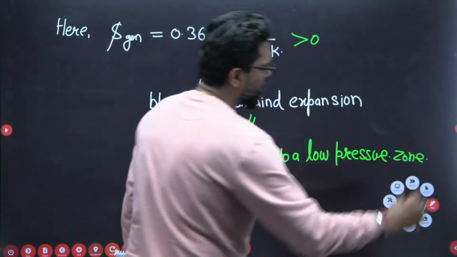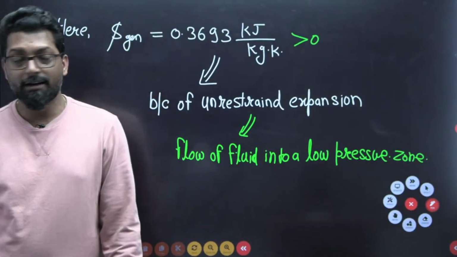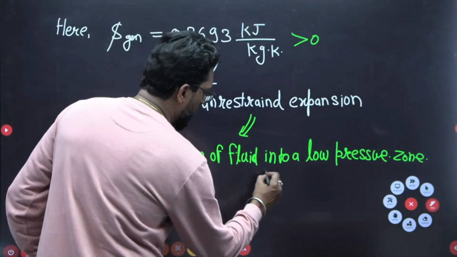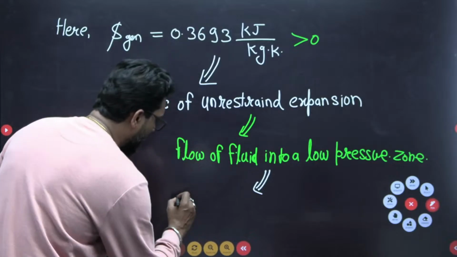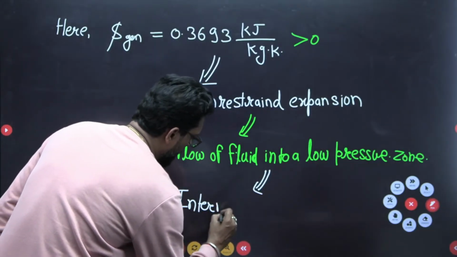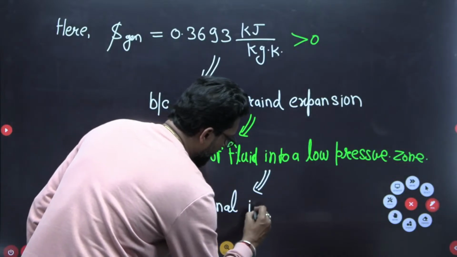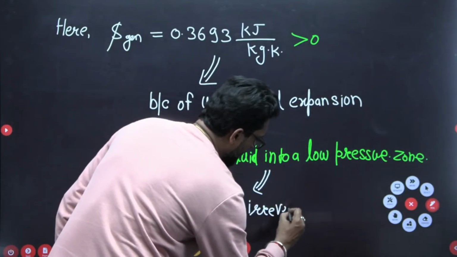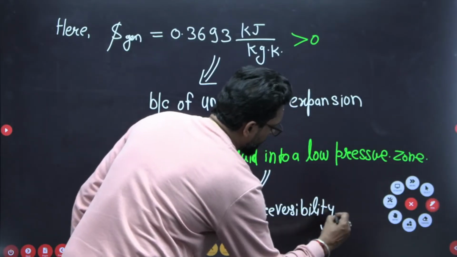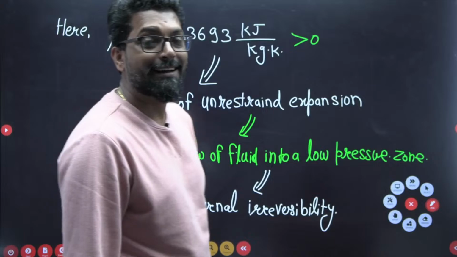That is called unrestrained. So due to the low pressure zone, this creates irreversibility. This causes an internal irreversibility.